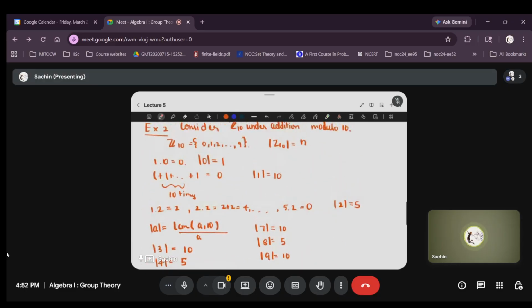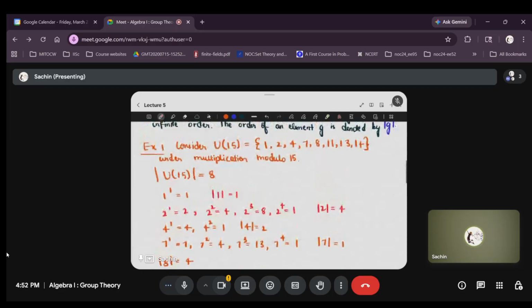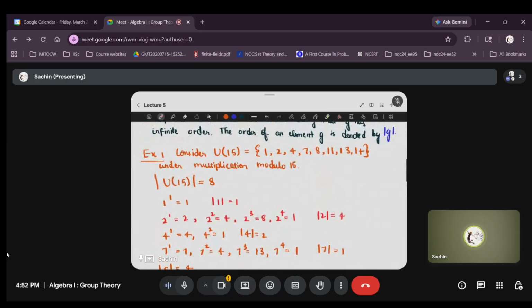No, for example, we saw here, right? When I took 3, 3 power 1 was 3, 3 square was 9, 3 cube was 12, 3 power 4 was 6. Then we got back 3 power 5 is 3 again.